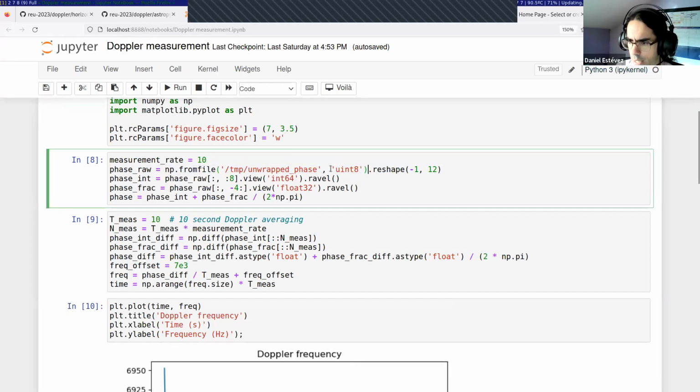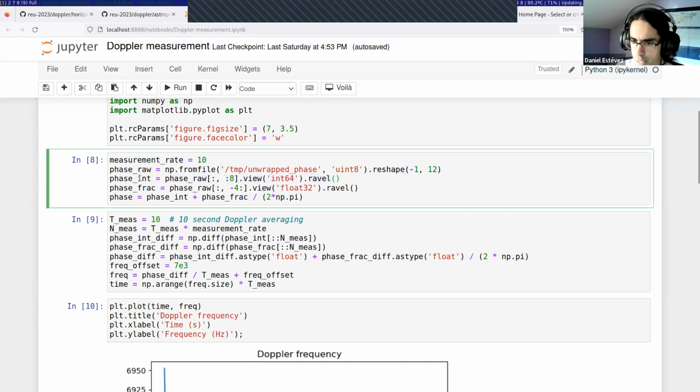We read it as 8-bit integers. We reshape it to have 12 elements per row, because we know that our measurements are 12 bytes. The first 8 bytes in each measurement we can view as a 64-bit integer, because that's what it's supposed to be.